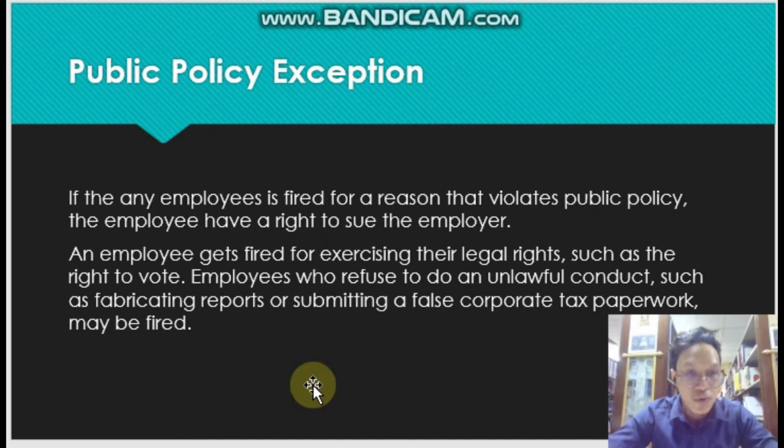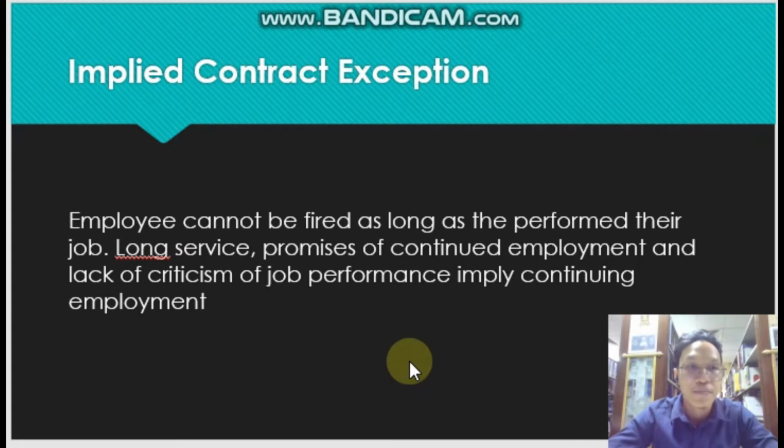Employees who refuse to do unlawful conduct, such as fabricating reports or submitting false corporate tax paperwork, may be fired. The implied contract exception is that the employee cannot be fired as long as they perform their job, and promises of continued employment and lack of criticism of job performance imply continuing employment.